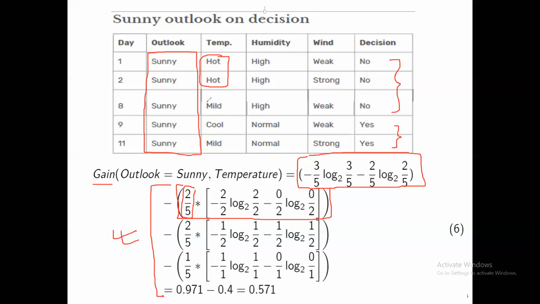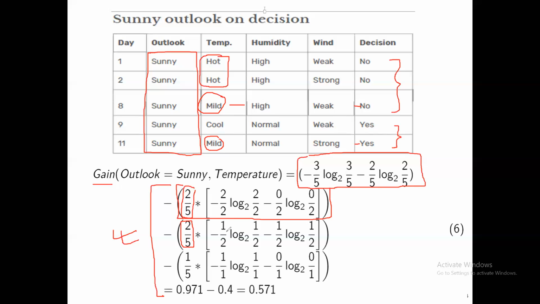We can see here that we have 2 mild values out of 5. So the probability of temperature equal to mild will be again 2 by 5, and for the entropy we'll have to check how many yes and no values there are, right? We can see that for mild there is a no and there is 1 yes.